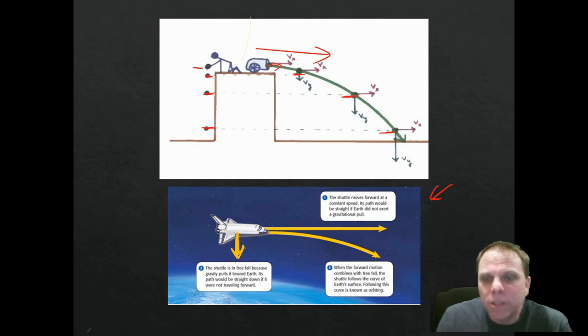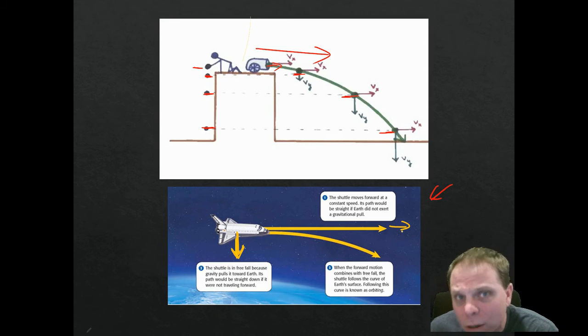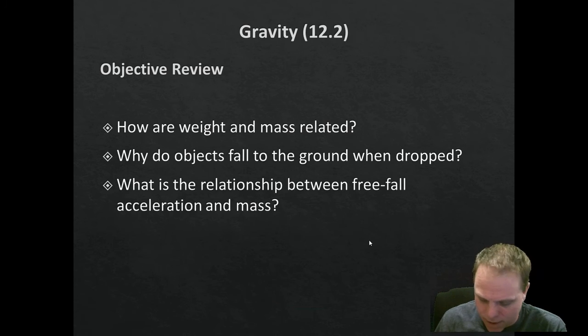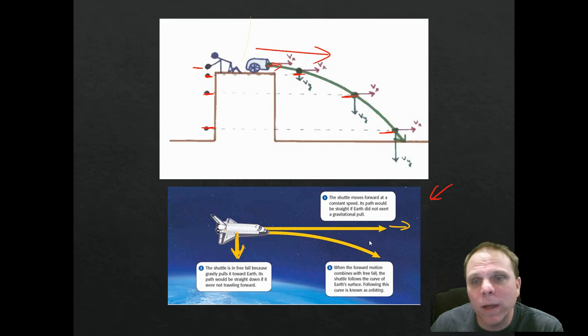We do, however, have a motion that is in this direction as well. It's a horizontal component, right? And because this thing is moving forward, what happens is that we have a combined motion that is a projectile motion that keeps this thing moving around the Earth all the time.